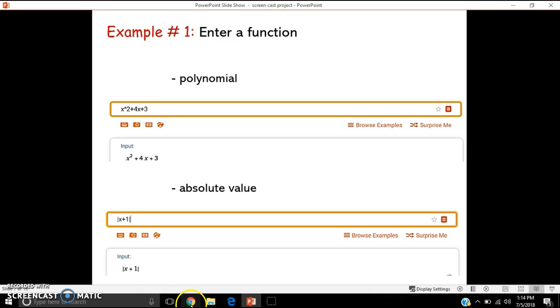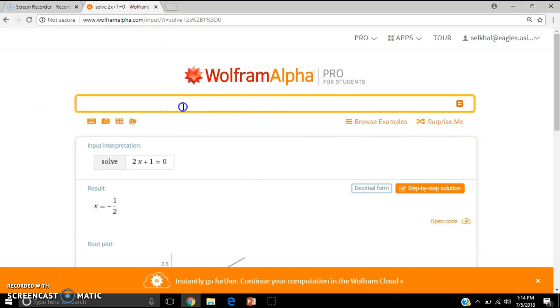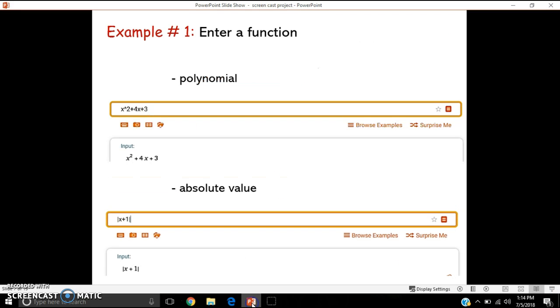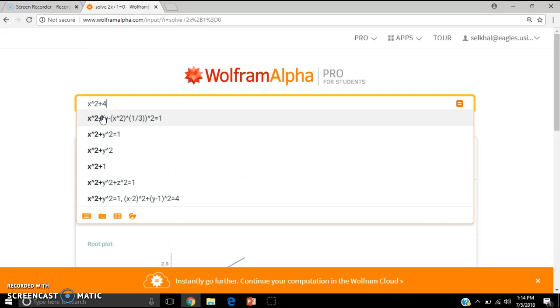So I'll go to Wolfram Alpha and I'll write my function, which is x squared plus 4x plus 3. I'm not going to specify my question.